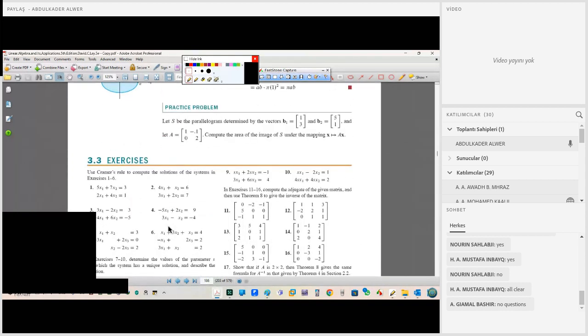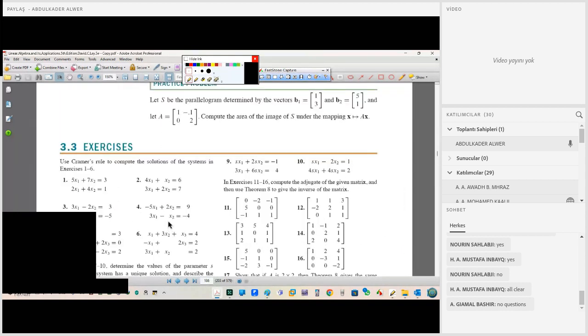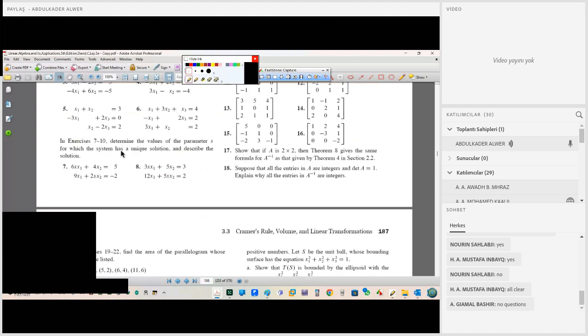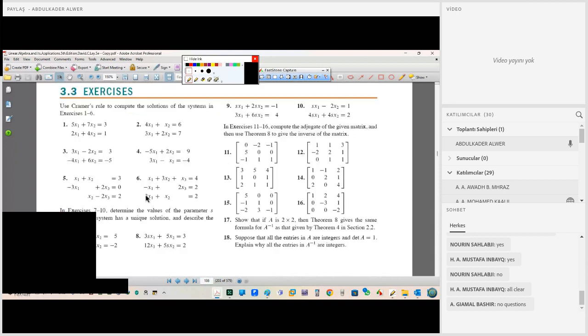Here. Yeah, exactly. Use Cramer's rule to compute the solution of the system in exercises 1, 2, 3, 4, 5, 6. Easy now. Exercise 7: determine the value of parameter S for which each system has a unique solution. Also, this is important. I need the value of S. Unique solution means there is one answer. Also, this is important. Try to solve by hand.